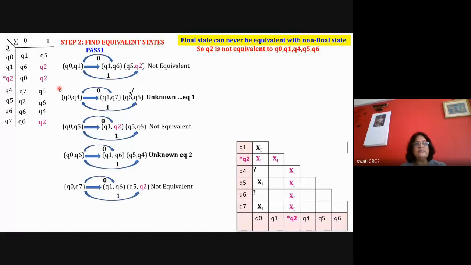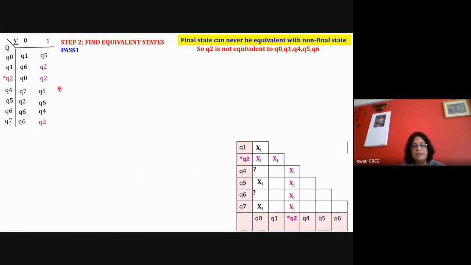Okay, so now you take the next state Q1 and start doing the same thing. So what should I do now? I want the answers from you so that I come to know whether you are following me or not. Now here in pass 1, which pair should I take? Write down your answer in the chat.